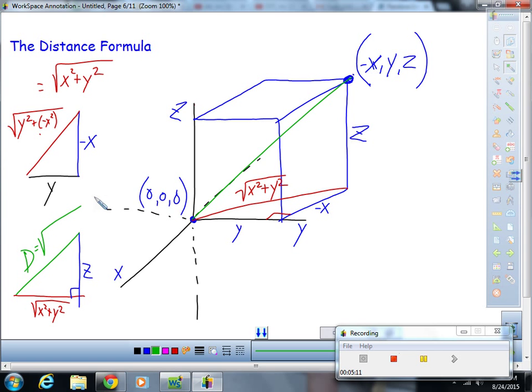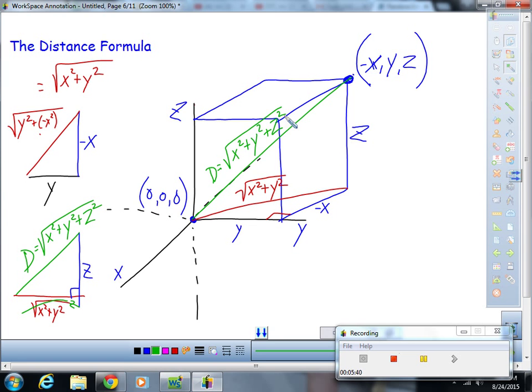So it's going to be the square root of, well, can you see that? When I squared this, that canceled with the radical. So now we have just found that this green line has a distance of the square root of x squared plus y squared plus z squared.